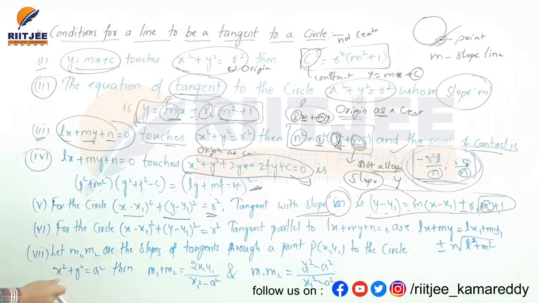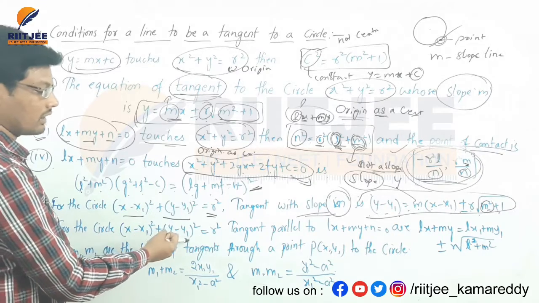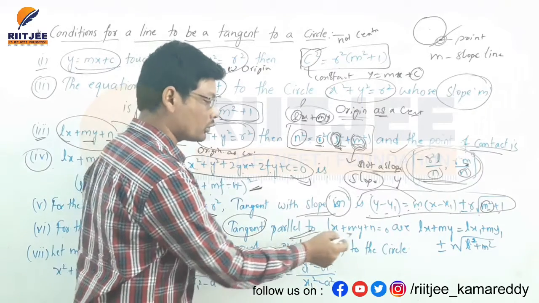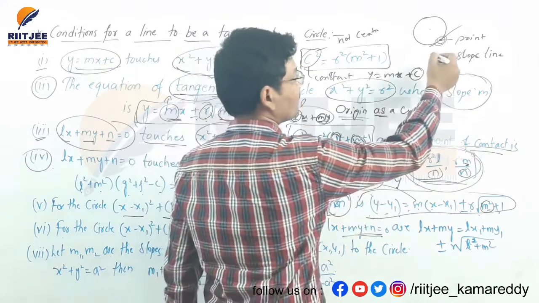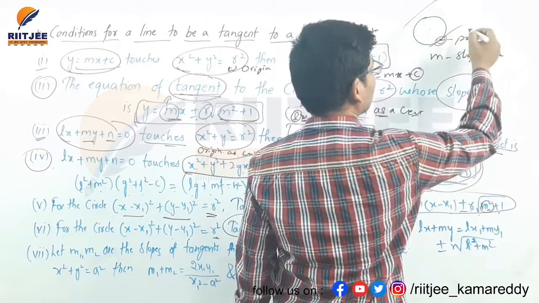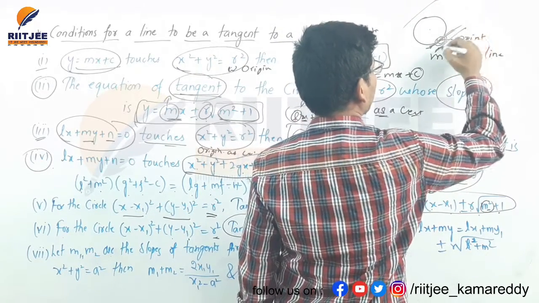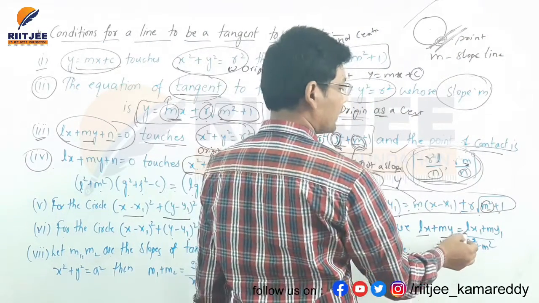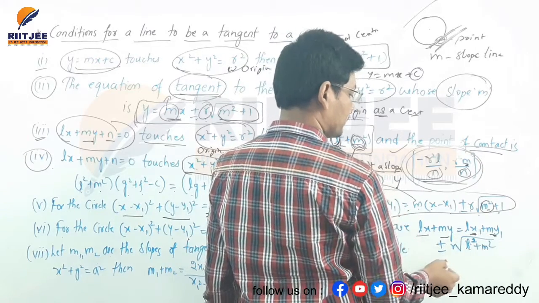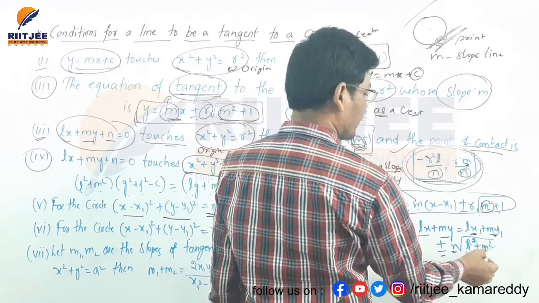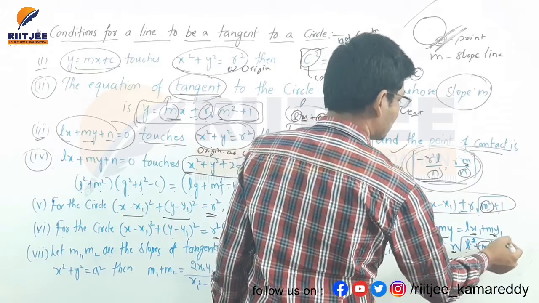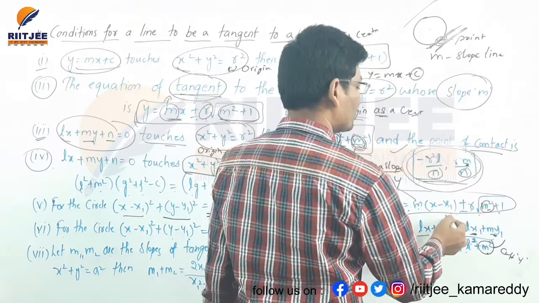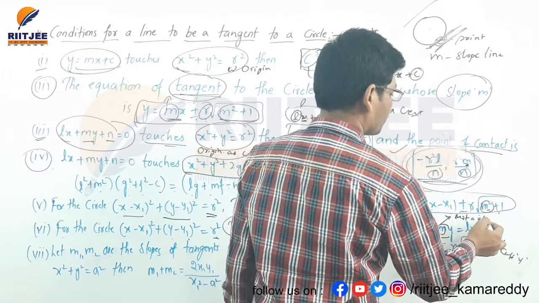And for the circle (x − x1)² + (y − y1)² = r², suppose the tangent is parallel to one more line. Then the equation of the parallel tangent is lx + my = lx1 + my1 ± r√(l² + m²), where m is the coefficient of y in a line, not a slope.